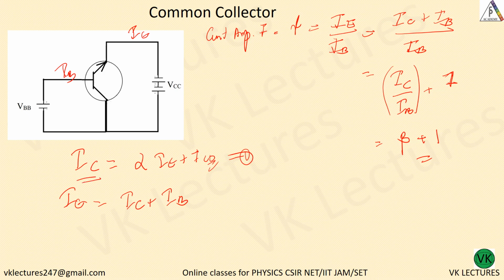So IC means alpha into IE. Bring this to the other side. IE minus alpha IE. So 1 minus alpha into IE is nothing but IB.